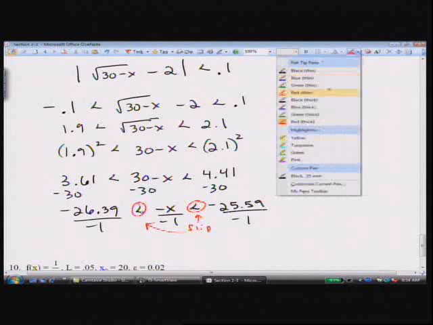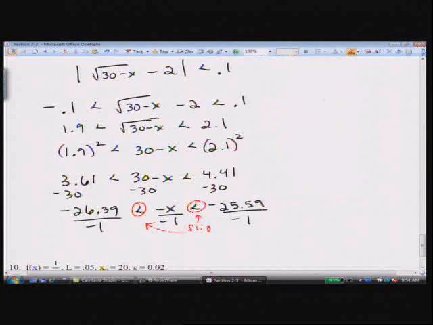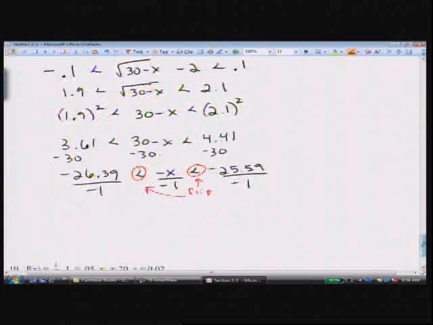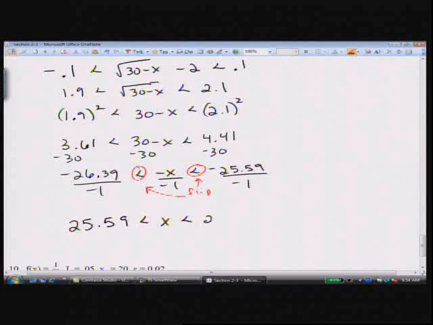It makes sense that it would anyway. All right, so this is going to be 25.59 is less than x, which is less than 26.39.